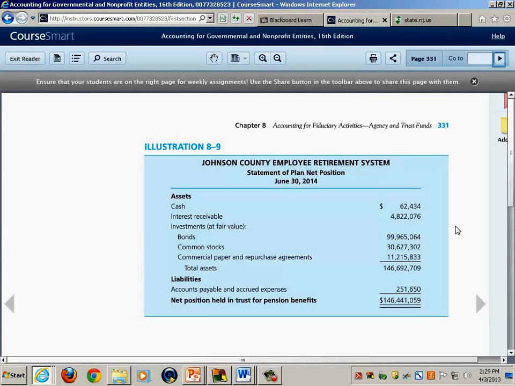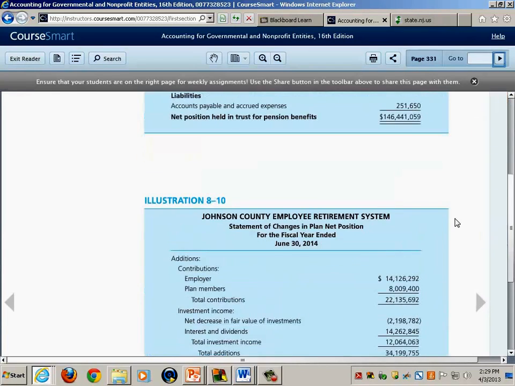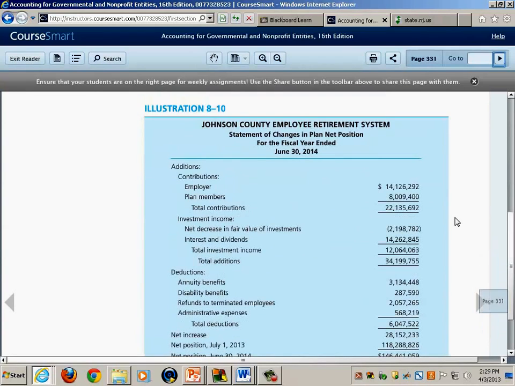Look at the assets, all financial assets, right? What's the net position of this pension plan? $146 million. Very straightforward balance sheet. Okay? Let's take a look at the statement of changes in net position itself. Look at the additions: contributions from the employer, from the employees, investment income, the fair value of investments, and dividends.